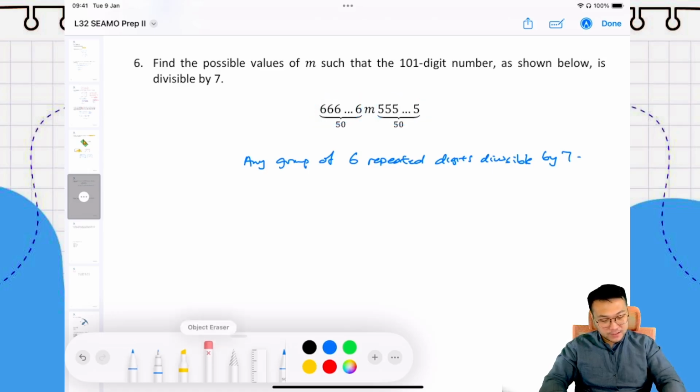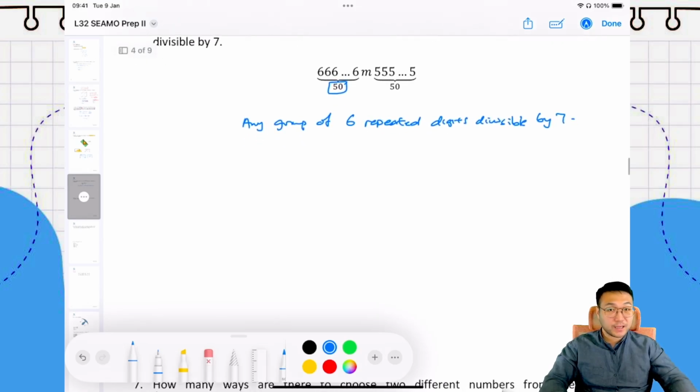Now you have 50 digits here, right? How many groups of 6 can you make? What is the nearest multiple of 6? 48. Okay, the nearest multiple of 6 is 48. So if you have 48 digits that can form groups of 6, you're only left with 2 digits that cannot form a group of 6.